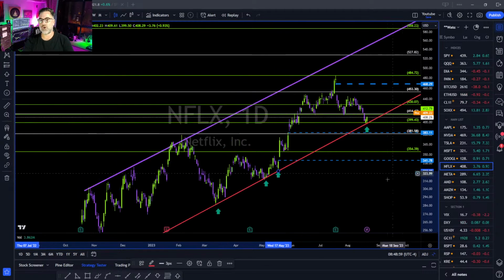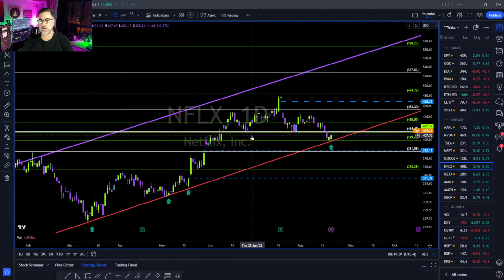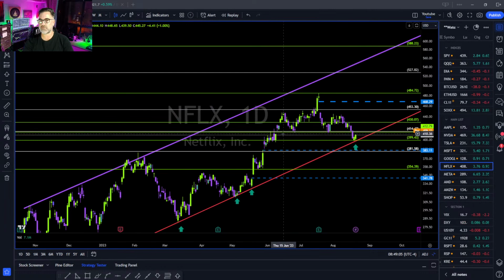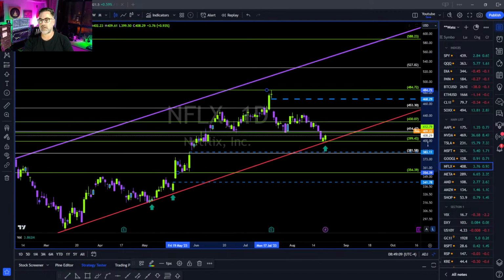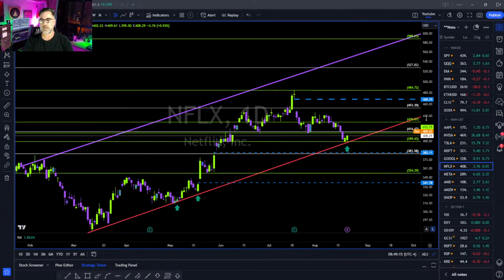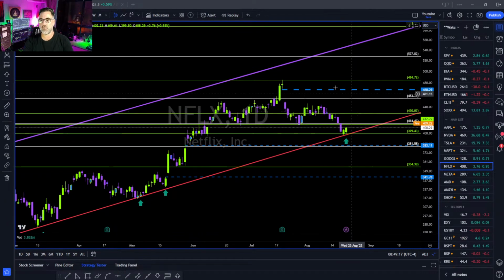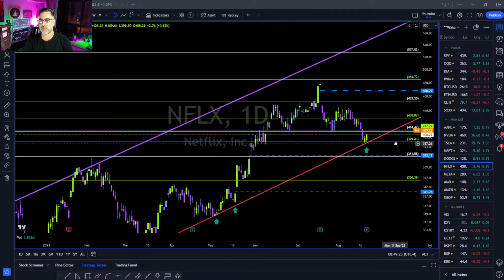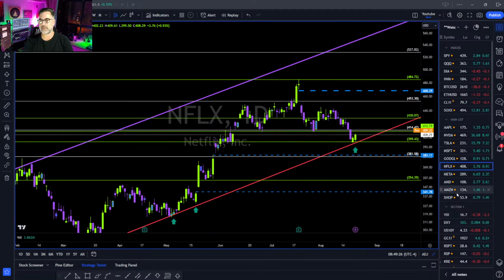Is it time to go long on Netflix? In my opinion, we need a closing above 415, because 415 is a very important level of support. So now I want to see it as resistance, breaking above this resistance, closing above it, and then we can, with high probability, go long on Netflix using this trend line and the Fibonacci levels as our risk management.